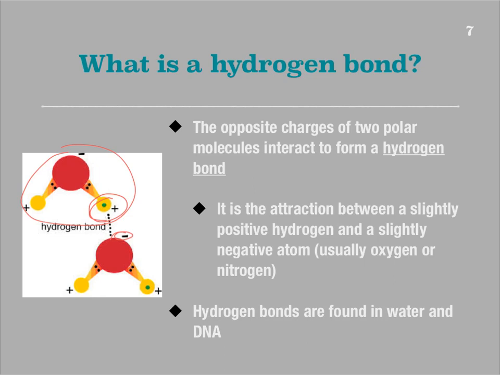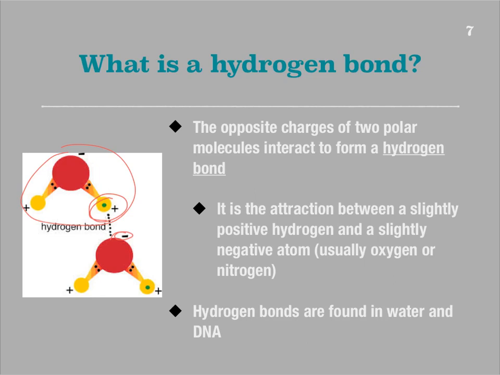It's not a full bond. It's not like they're sharing electrons or transferring electrons. It's just an attraction. This attraction between these oppositely charged sides, usually involving an oxygen or a nitrogen atom, holds them together, and as a result, it contributes to the unique characteristics that water has that other substances don't.